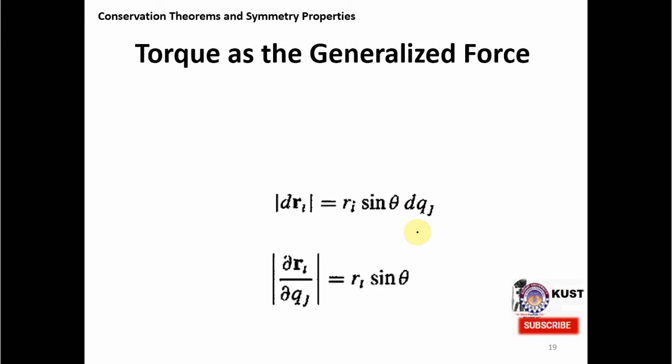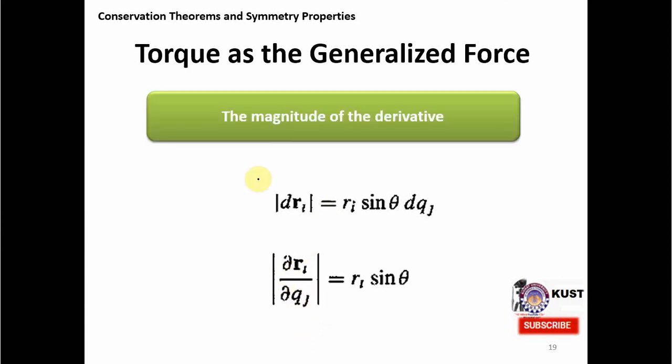If you do this calculation, you see that this is the del r, which is the magnitude of the change in any coordinate, and this is its derivative with respect to q. We are just talking about the magnitudes of these derivatives, this is just the differential and this is the derivative.